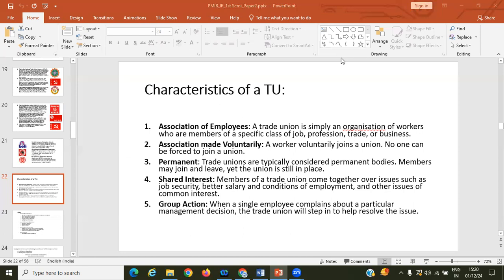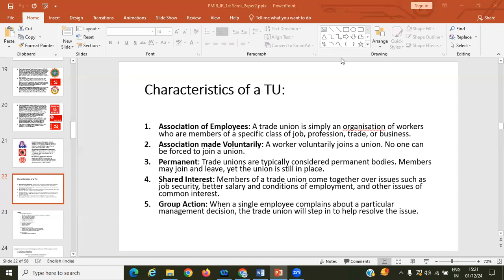Practically, you have seen a group of persons has more bargaining power, more logic to convince, and more points to discuss. Suppose you alone are going with some problem in your salary, your job, or your working place.